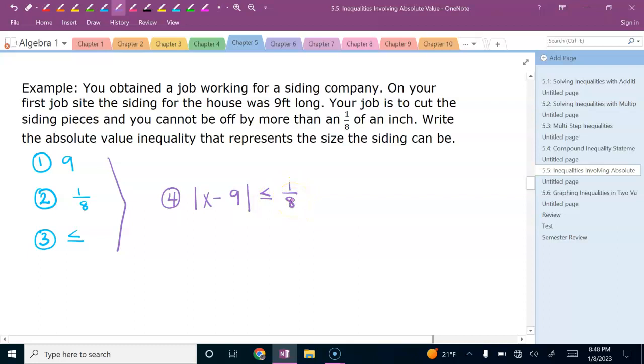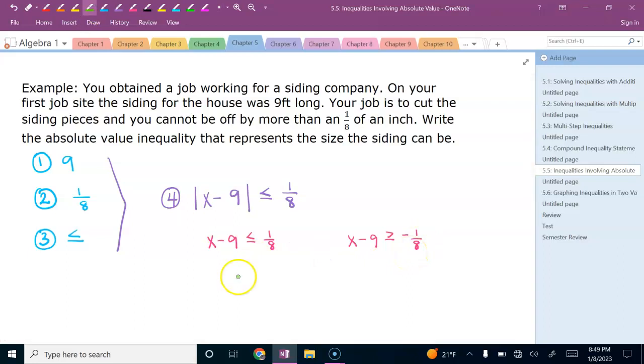And then you want to find what the range would be if they asked for that. Now, this doesn't go on to say what your range would be, but you could always figure out what the range would be. Remember, to set these up, you would do one that says x minus 9 less than or equal to 1/8, and the other one would be x minus 9 greater than or equal to negative 1/8. Then you would add 9 over for both of these.